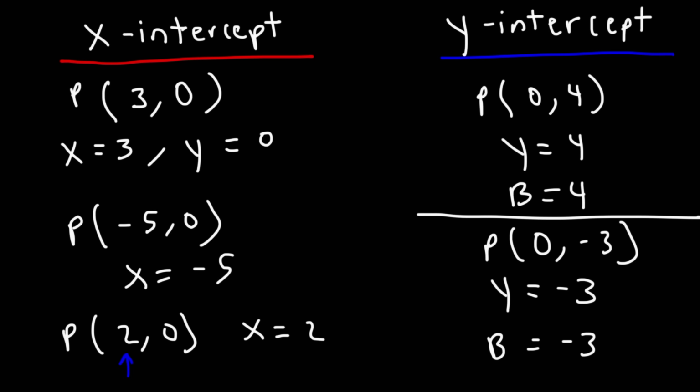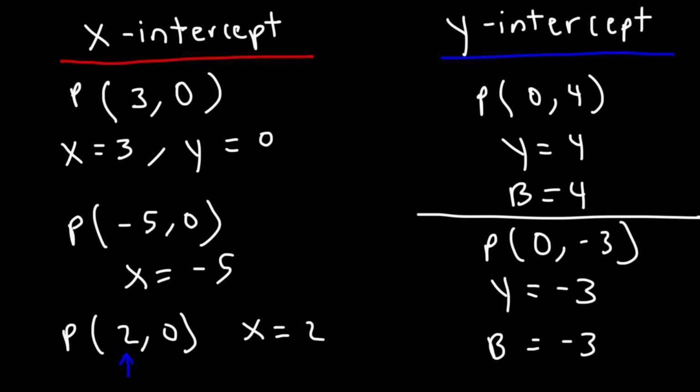Now let's summarize what we've just learned. The x-intercept is the x-coordinate of a point that contains a y value of 0. So as we see here, this point has a y value of 0. The x-intercept is the x-coordinate of that point. So x is -5.